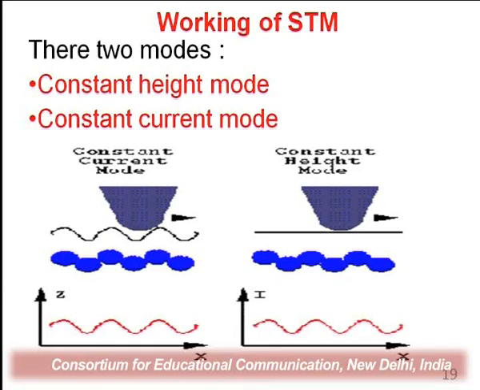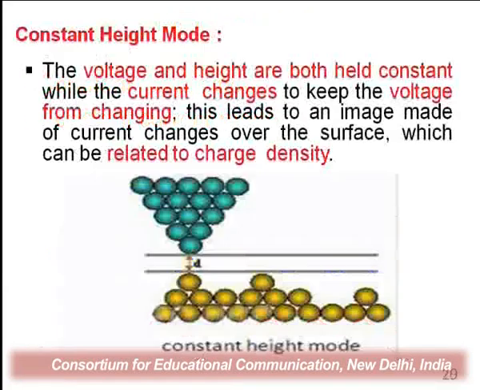Here, the tip height is adjusted according to the sample, whereas on the right, a particular height is fixed. In the left hand side, which is the constant current mode, the tip is moving with a particular distance from the surface of the sample. So this is the difference, and it is clearly shown in this diagram.